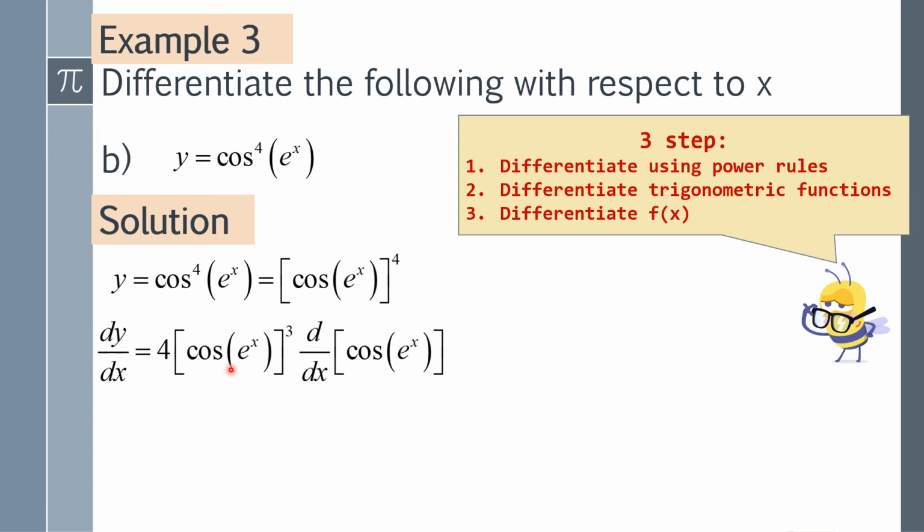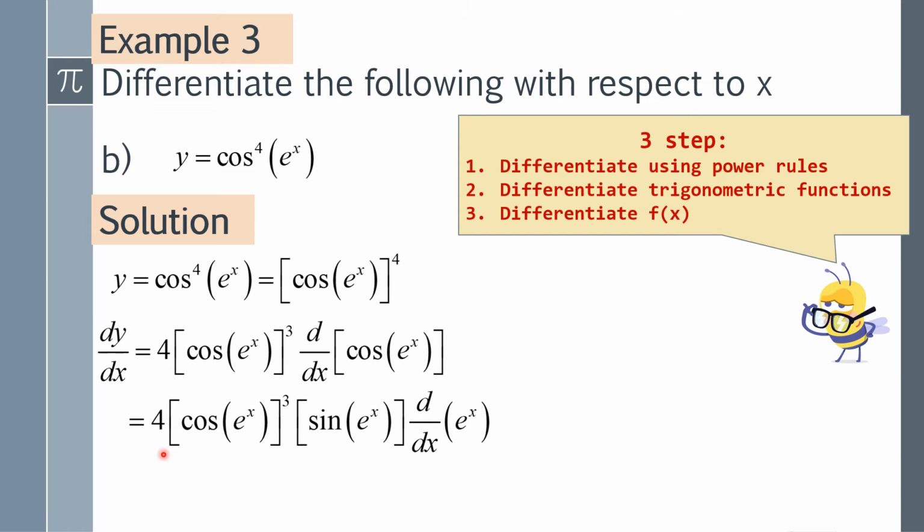4 cos e^x to the power of 3, reduce the power by 1. Then differentiate the trigonometric function cos e^x, we have negative sin e^x. After that, we differentiate the angle, or function f(x) here, which is e^x.